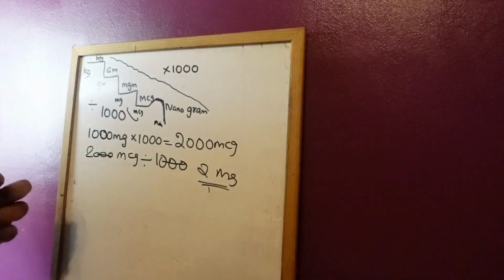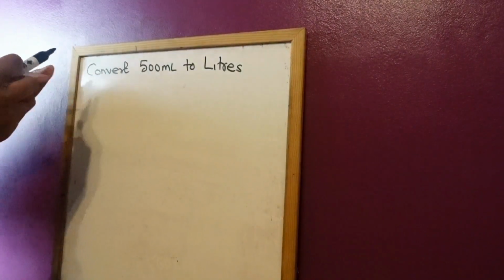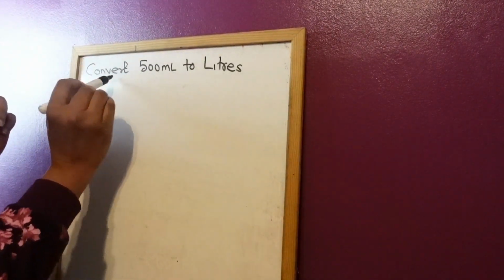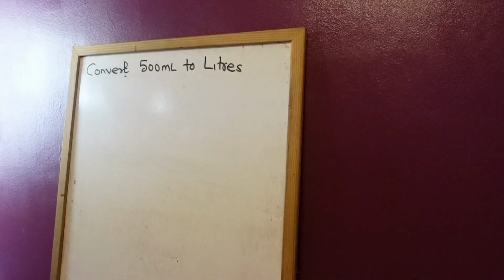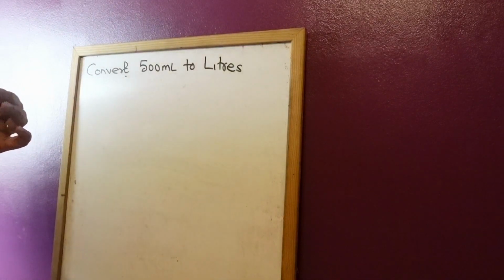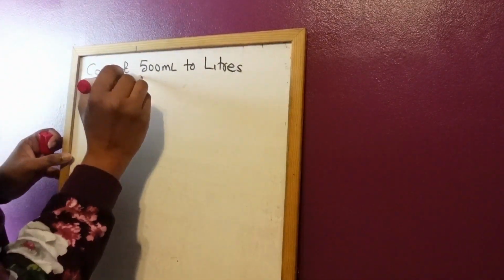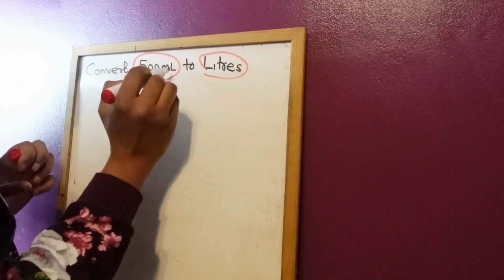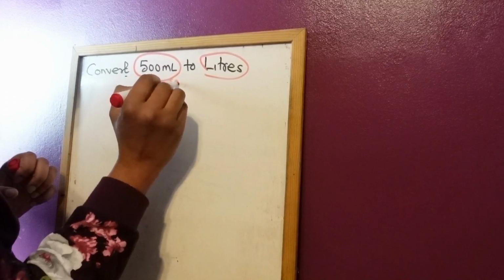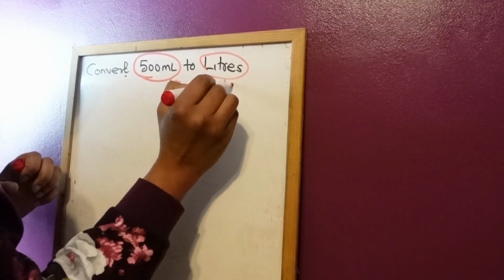Okay, another method I will show you. If you have a question like convert 500 ml to liters. You know liter and milliliter. So we have to convert 500 ml to liters. This is the small amount and this is the higher amount, isn't it?